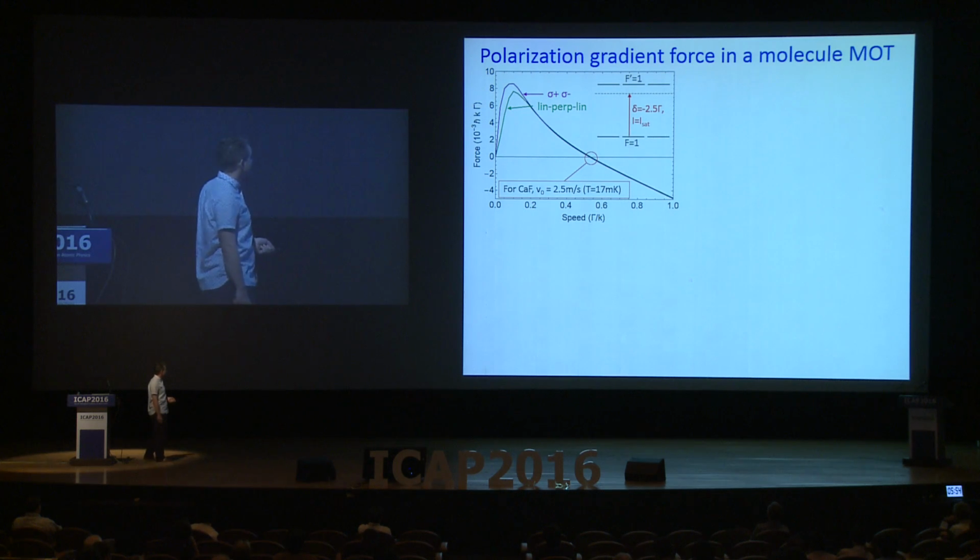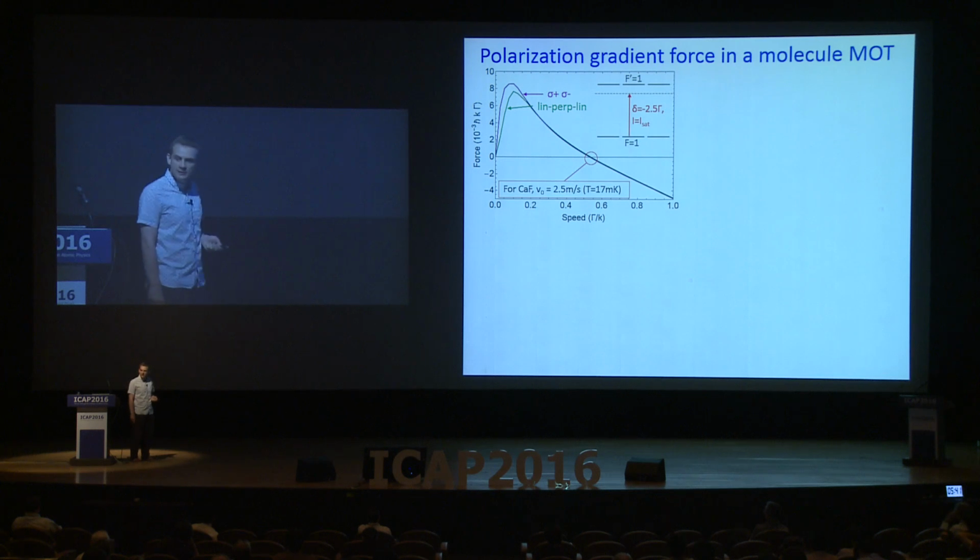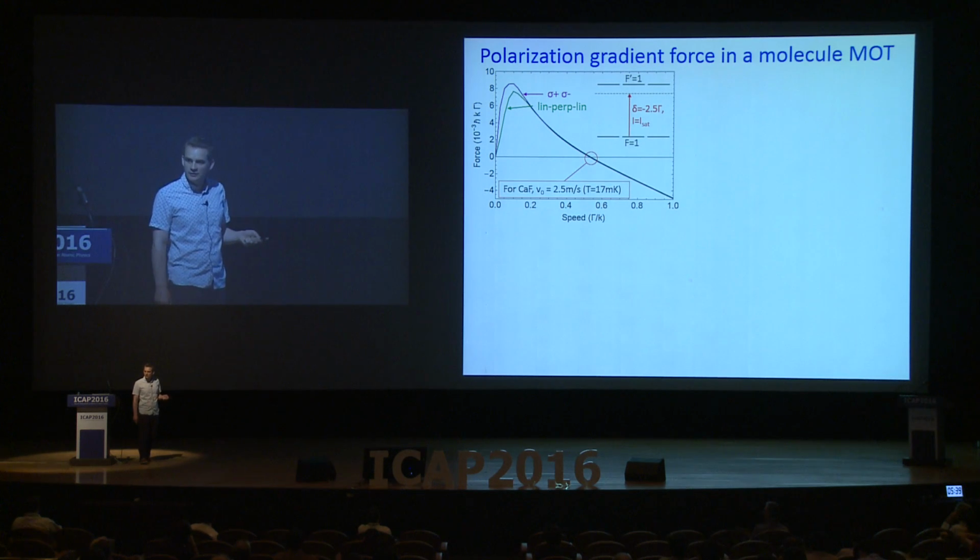And actually, if you put in the numbers for calcium fluoride or indeed for strontium fluoride, you find that this equilibrium velocity for these particular parameters is very high. Okay, it's about 2.5 meters per second, which is the mean speed of a 17 millikelvin distribution. Okay, that's 2 orders of magnitude hotter than the Doppler cooling temperature.